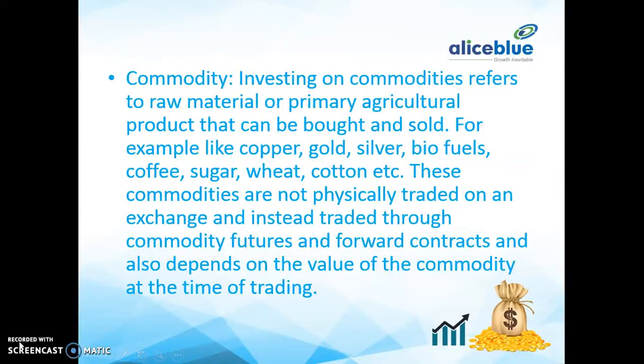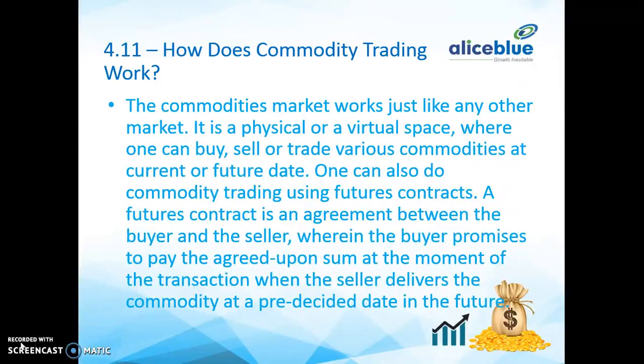While investing on commodities refers to raw material or primary agricultural product that can be bought and sold, for example, like copper, gold, silver, biofuels, coffee, sugar, wheat, cotton, etc. These commodities are not physically traded on an exchange, but instead traded through commodity futures and forward contracts, and also depends on the value of the commodity at the time of trading.